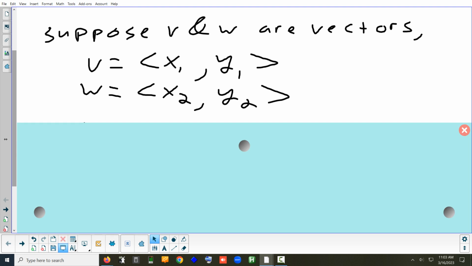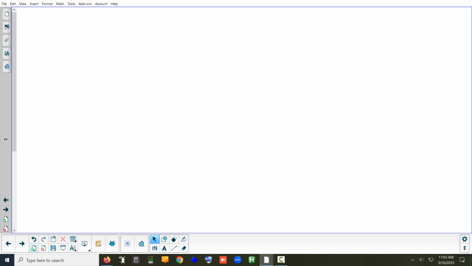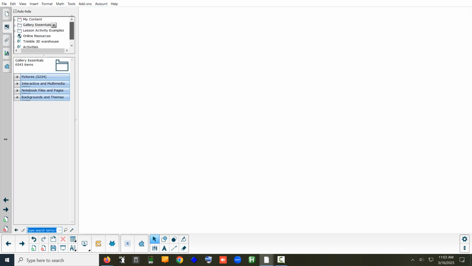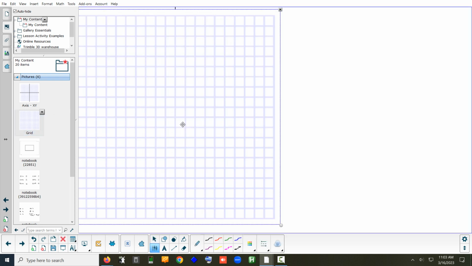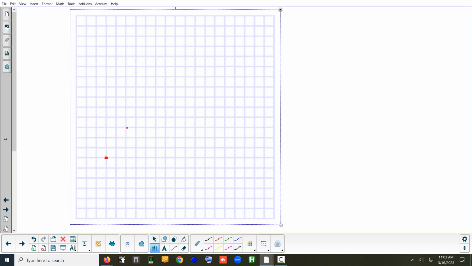So in order for these two vectors to be the same, let me draw an example. Okay. If I drew this, and then I drew this, do you think those two vectors are the same? Yes.